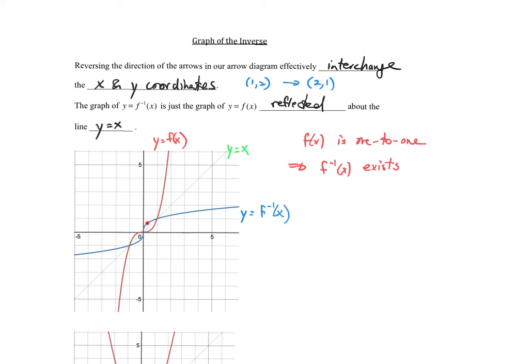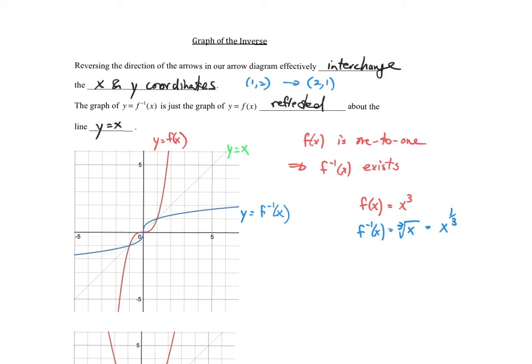So if we were to write down equations, in this particular case, f of x was equal to the cubing function x cubed, and its inverse function, f inverse of x, is equal to the cube root of x, which we sometimes write in exponential form as x to the 1/3 power. So these two functions are inverses of each other.